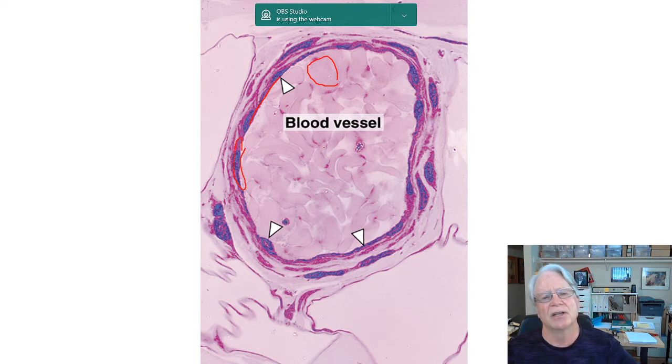There is a cell. That's simple squamous epithelium. If you recall, lining and covering epithelium lines body surfaces and body cavities, and empty cavities such as a blood vessel are also lined with simple squamous epithelium.